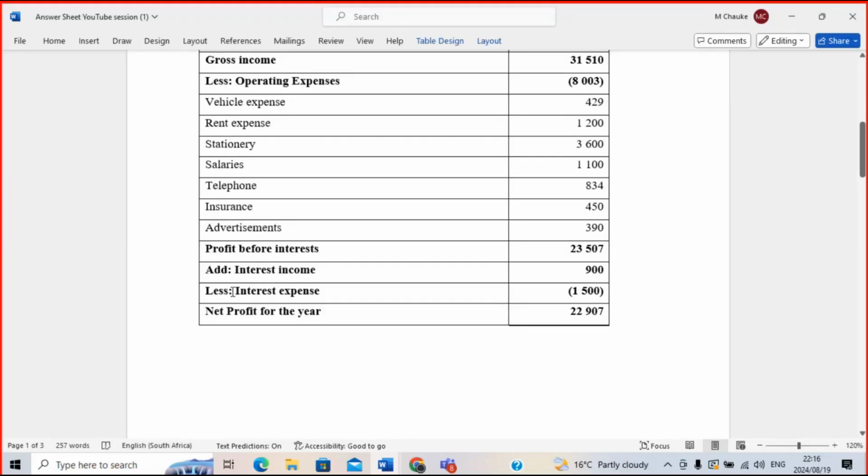Accrued income and accrued expenses. Accrued income is an amount of income that you still have to receive. You haven't received that one. Since it's your money, it means someone is owing you, so it becomes a receivable amount.